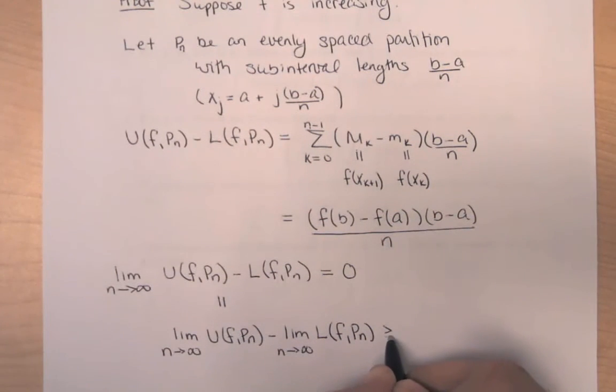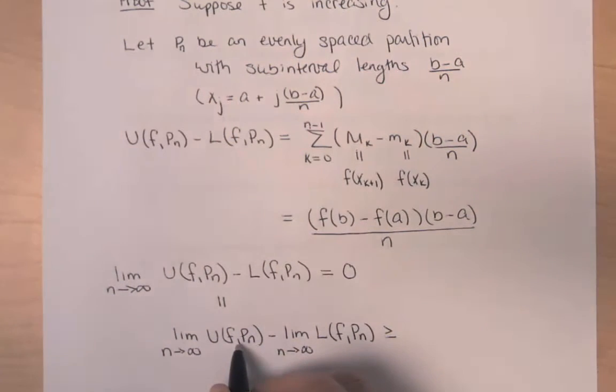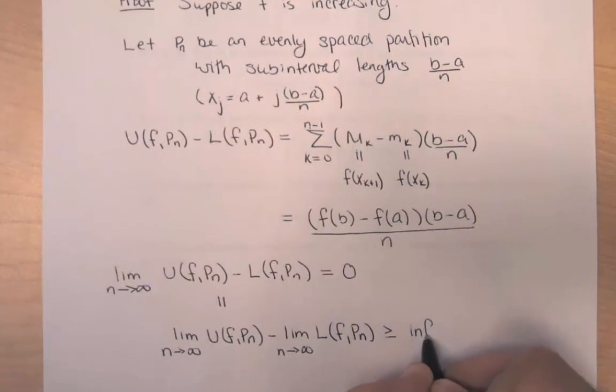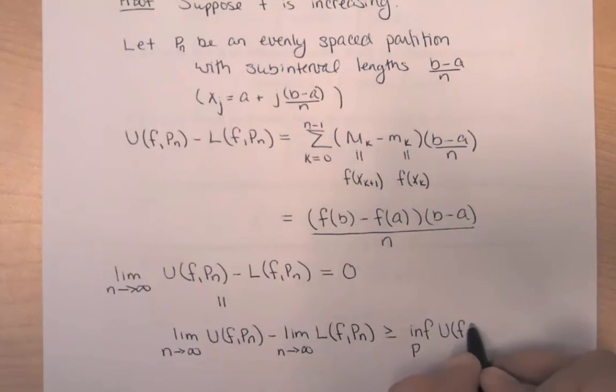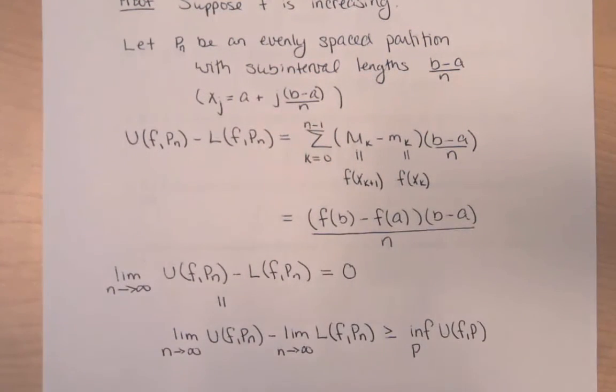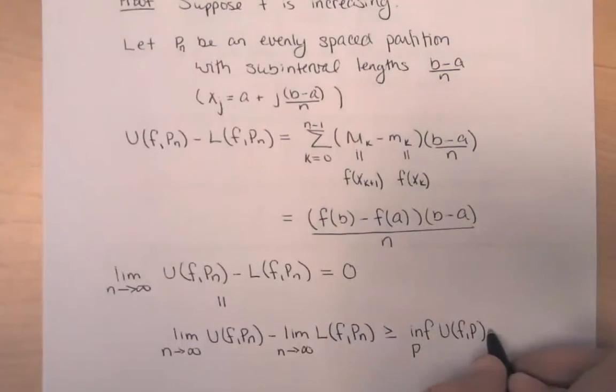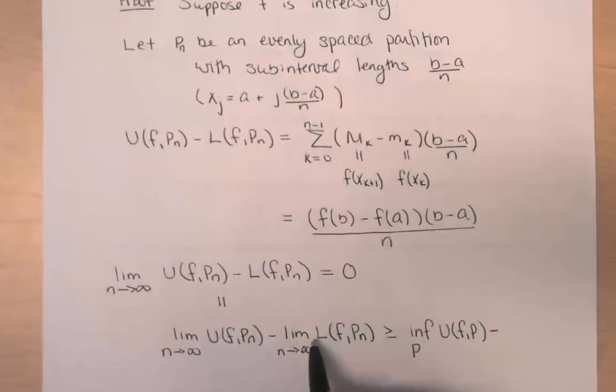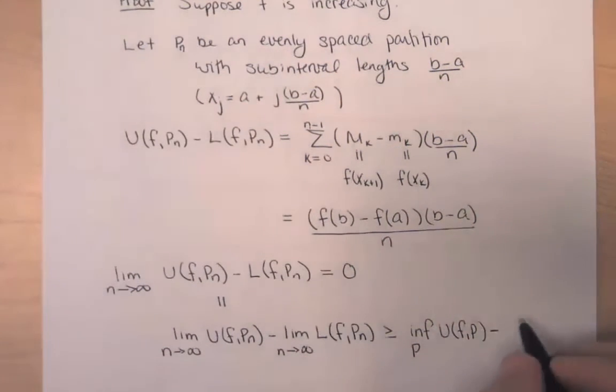It is greater than or equal to the infimum over every possible partition. Furthermore, if I subtract the limit as n goes to infinity of the lower sums, each of these lower sums is less than the supremum of the lower sums for all partitions. So if I have the negative, then it's greater than the negative supremum.